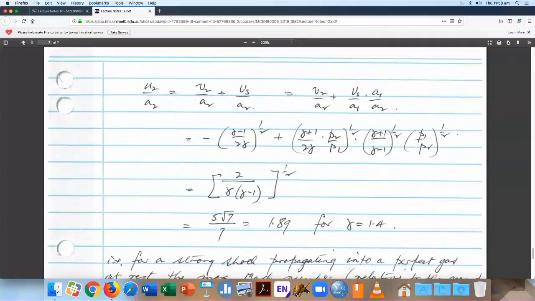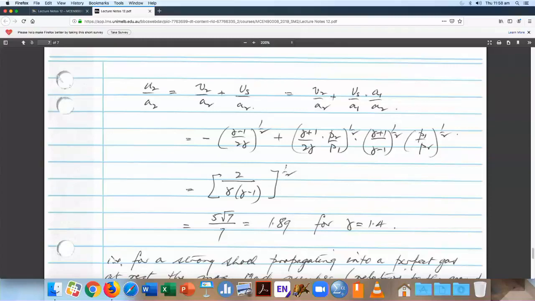You can also find, for a very strong shock, how large is U2 over A2? I said for a very weak shock, it's arbitrarily small, but what about a very strong shock? Well, U2 over A2 will be V2 over A2 because U2 is V2 plus US.